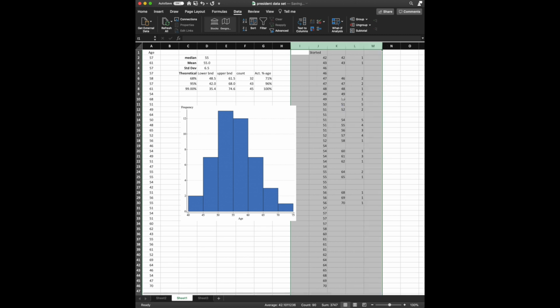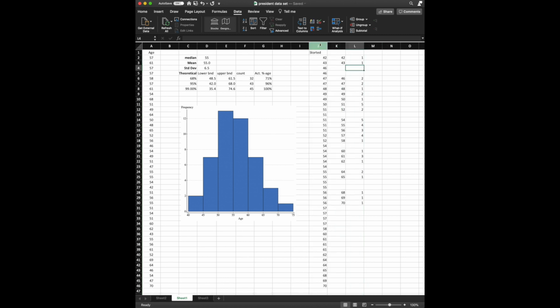Let me open up this column here, and this column right here is the sorted data set. If I come over here to the actual data, from 48 all the way down to 61, notice that the count is 32.